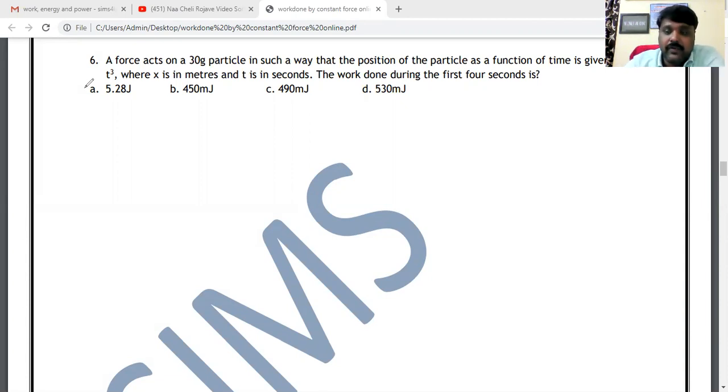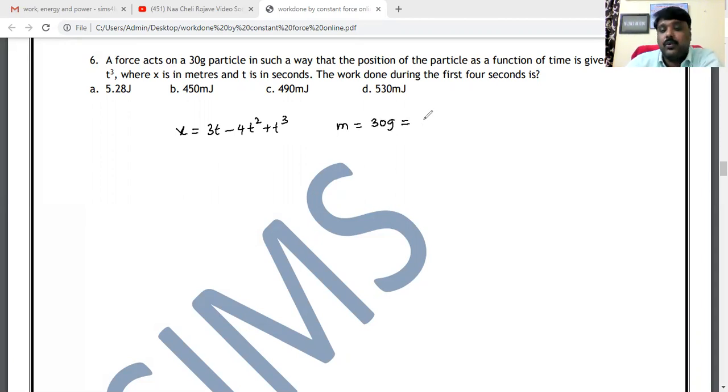Okay, here we are given the position of the particle, that is x equals 3t minus 4t square plus t cube, and the mass of the particle is also given, that is 30 grams.